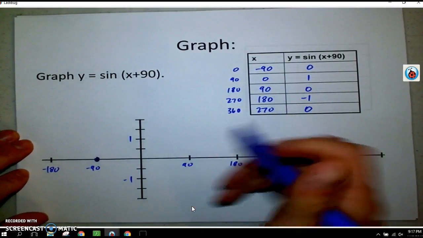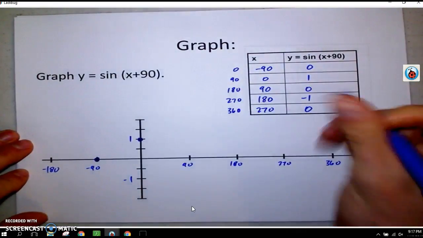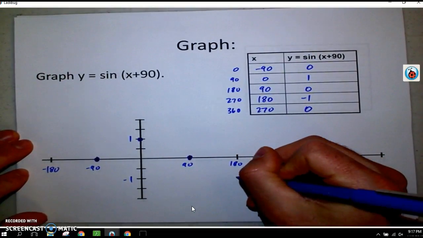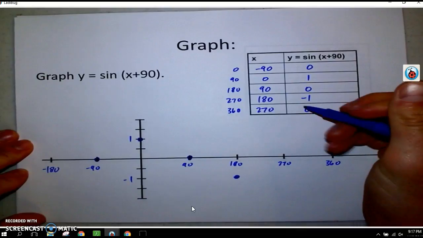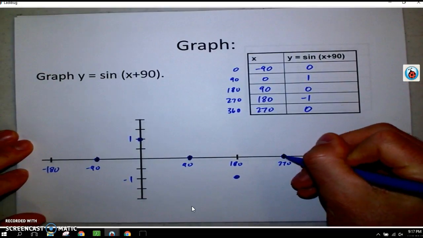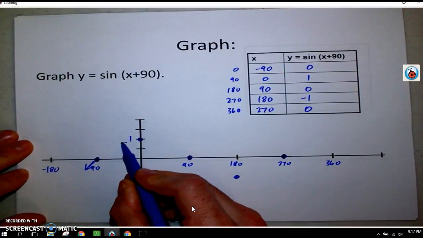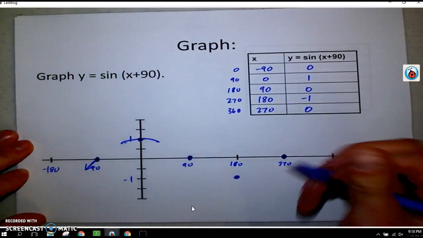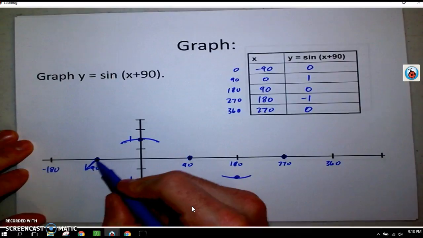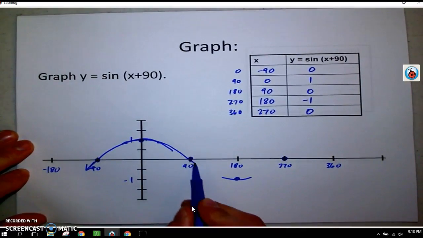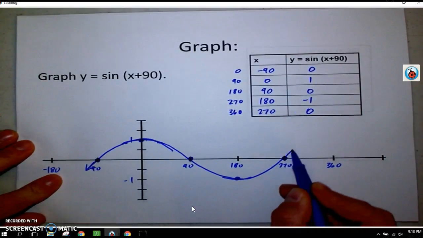And then my next point is at 0, 1, 90, 0, 180, negative 1, and 270, 0. Again, a little strategy that you can do here on your top and bottom: just put little curves there. It makes it easier as you are connecting.